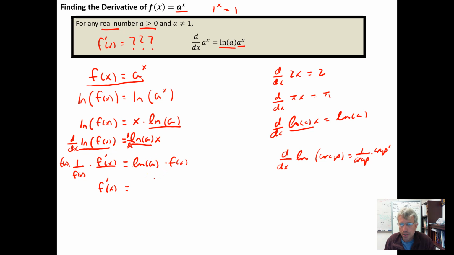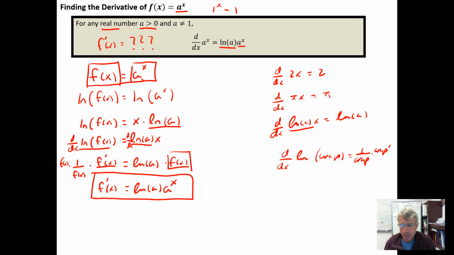And of course the idea here is now I have the natural log of a times f of x, but I know what f of x is. f of x is a to the x. I'm going to replace the f of x here with a to the x, and now I have established a formula for finding the derivative of an exponential function.